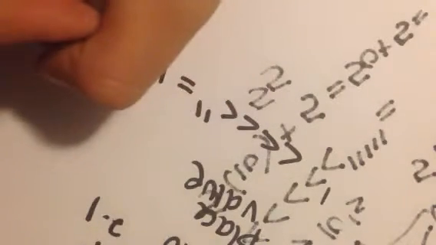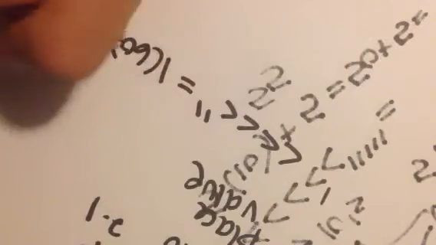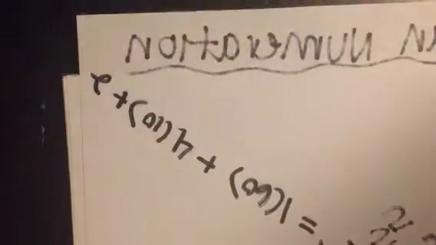So to convert it back, you would simply rewrite it. So it would equal your 1 times 60 plus your 4 times 10 plus your 2, which equals 60 plus 40 plus 2.